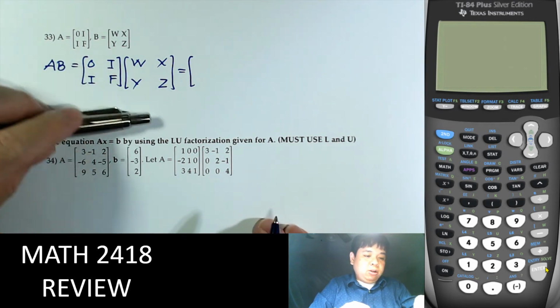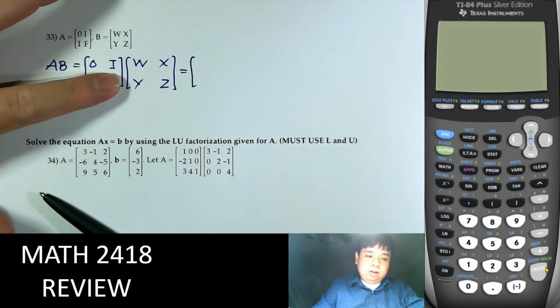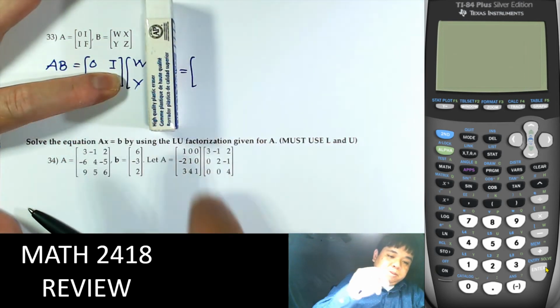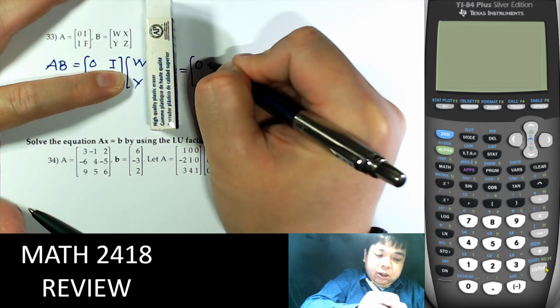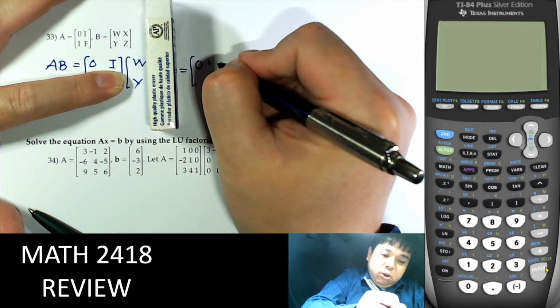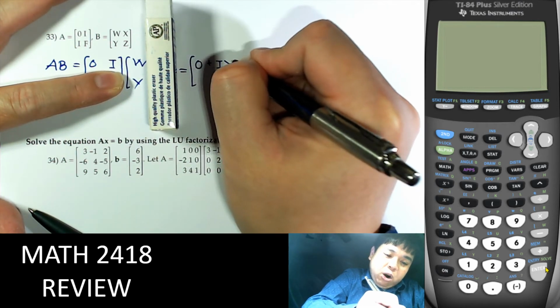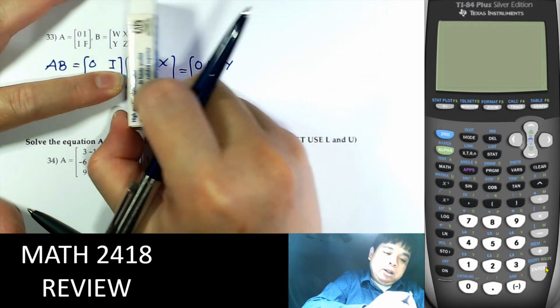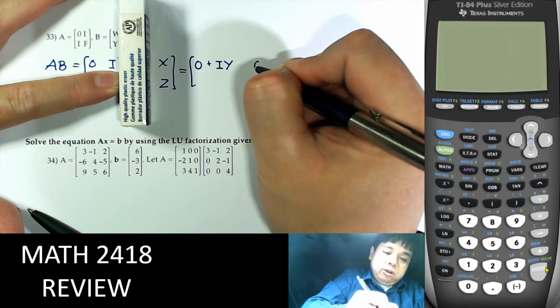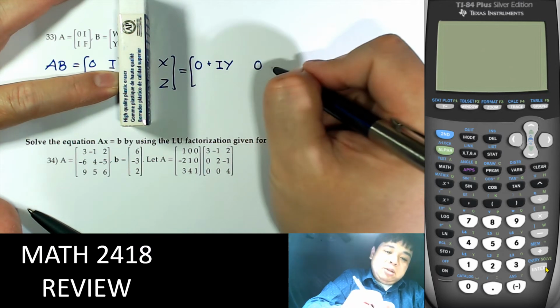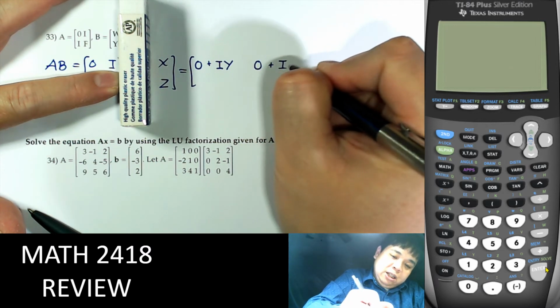First row, first column: 0 times W is 0, plus I times Y. So that's first row, first column. Now first row, second column: 0 times X is 0, plus I times Z is IZ.